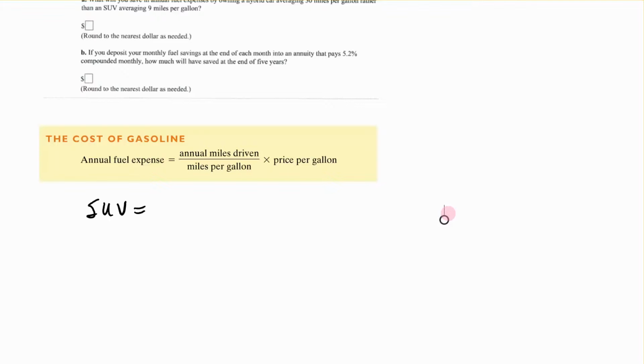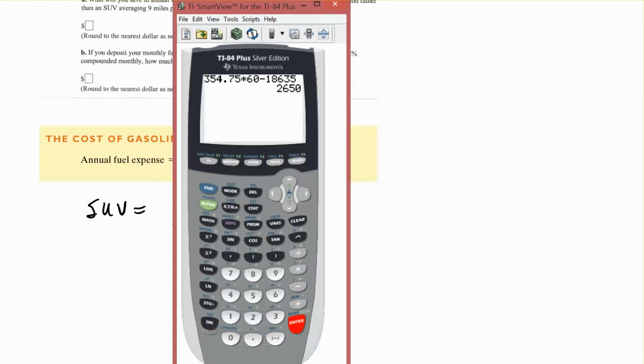So, annual miles driven is 30,000 divided by the miles per gallon, and the SUV gets 9, and we're going to multiply it by the price of a gallon of gas, which is $4. Okay, so you can do this exactly as you have it there.